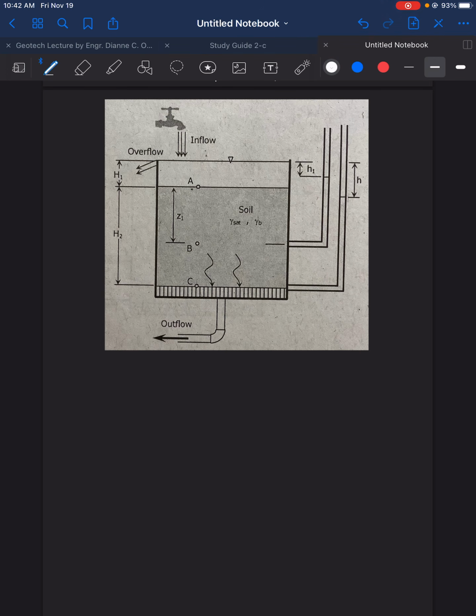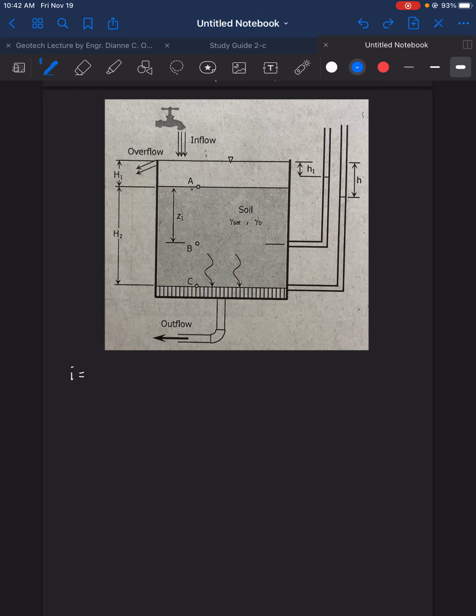For the entire system again, we have the hydraulic gradient I. And we are to focus on the tube inserted at the bottom of the soil setup. Okay. And we have the downward seepage because water is flowing out at the bottom of the setup. This is the inflow and then this is the outflow. So the tube inserted at the bottom will have a downward H, small h here.